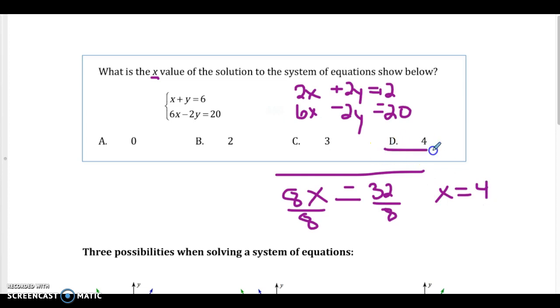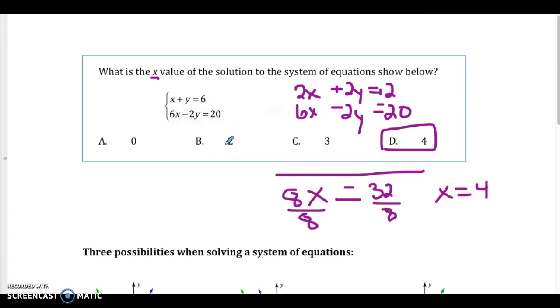Okay, so that is my answer. Now, a good check would be to plug that in. So if I plug in 4 for x, 4 plus what gives me 6? That would be 2. So y should be 2, right? Check it with the second one. So 6 times 4 is 24, minus 2 times 2 is 4, gives us 20. So that is a quick check to just make sure we did the problem correctly.